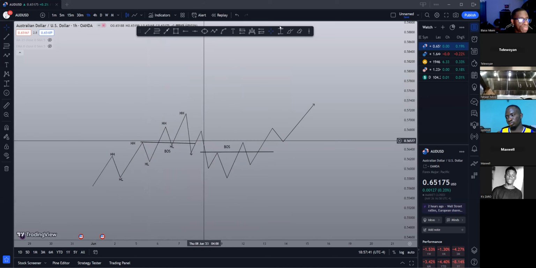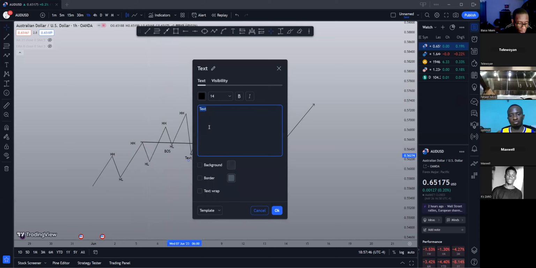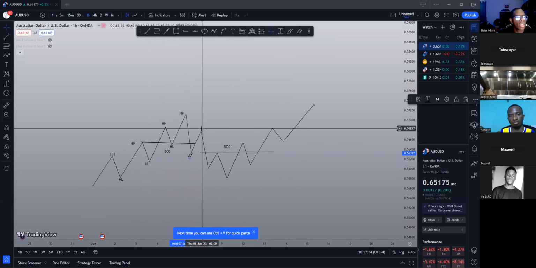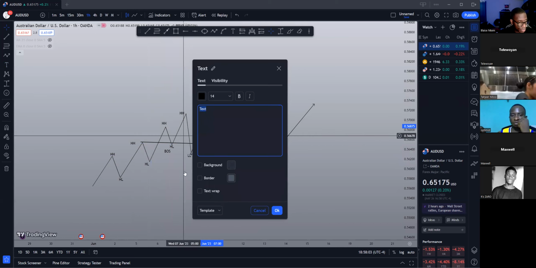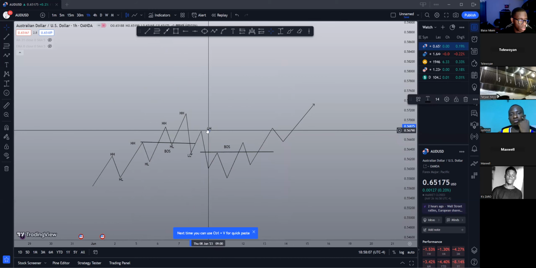So this is a higher low. And when price went below our higher low, it gave us a lower low instead, breaking that previous higher low. So now we're expecting a lower high. A lower high right there.